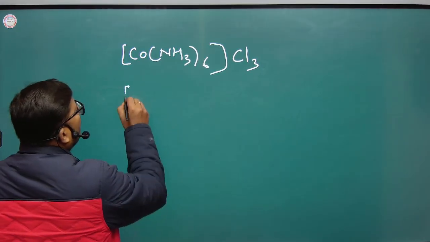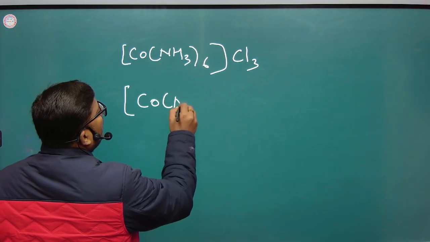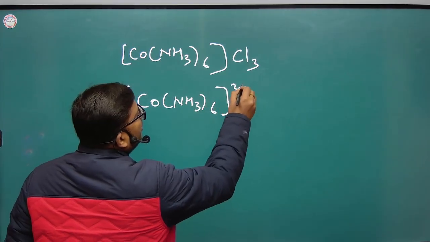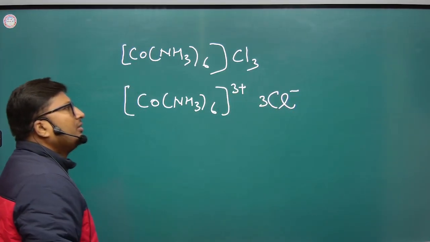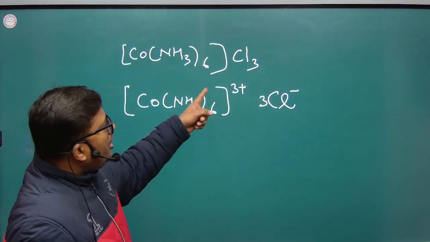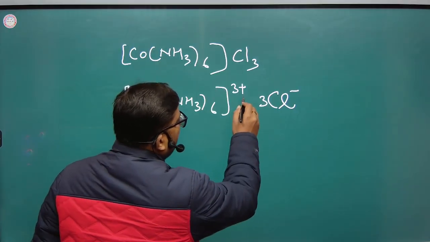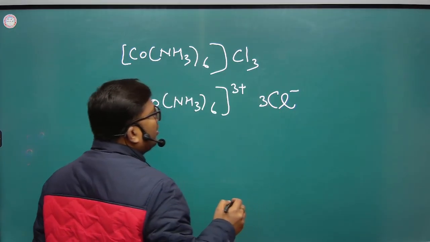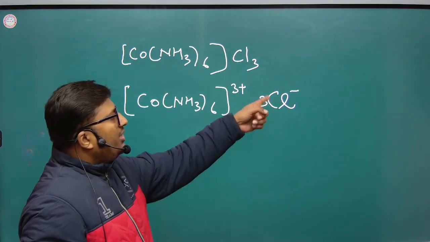How does it actually exist? Co(NH3)6 3+ and 3Cl-. Because of the electrostatic positive charge on the complex ion, which contains 3 positive charges, and each chlorine contains 1 negative charge, overall 3 chlorines give 3 negative charges.